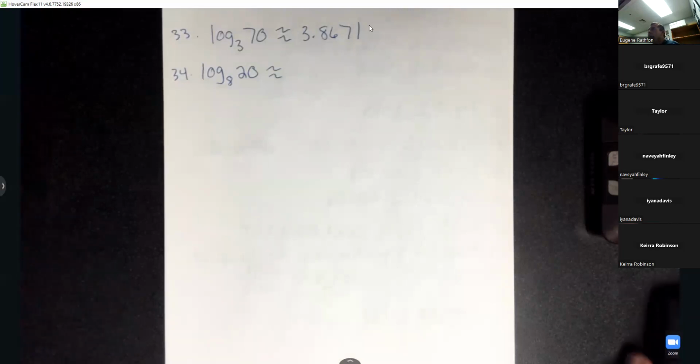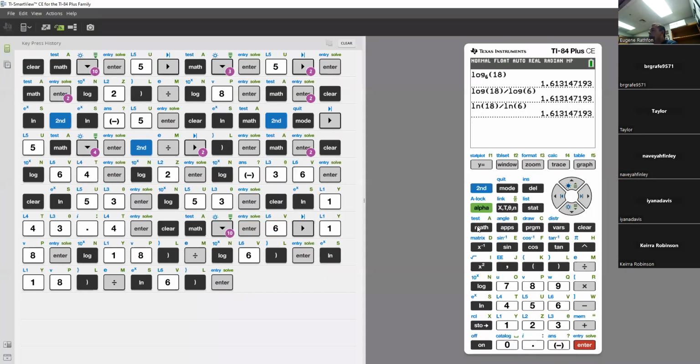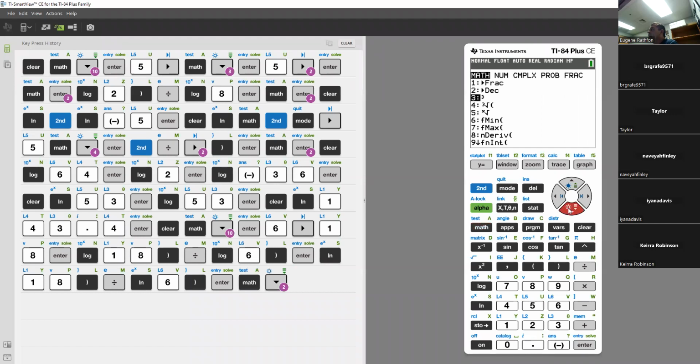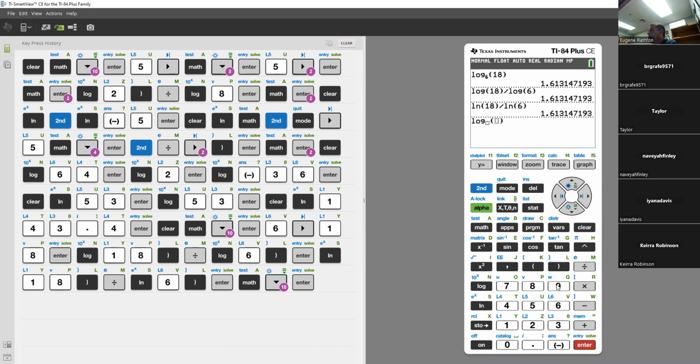So I'm showing something different on that. So I'm going to go hit that on the calculator real quick. So log base 8 of 20. Well, let me go punch that in real quick. So that was an 8, and then that was a 20.